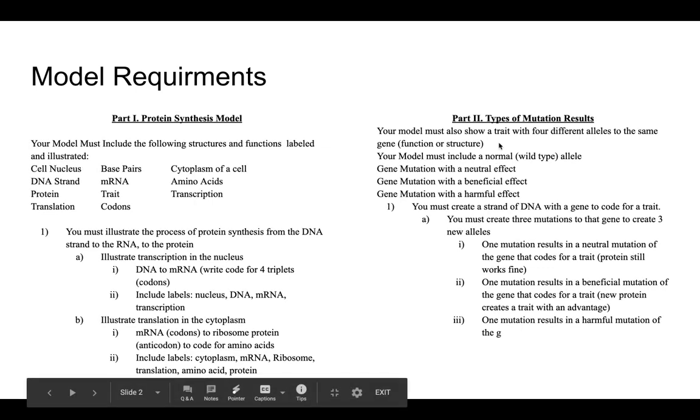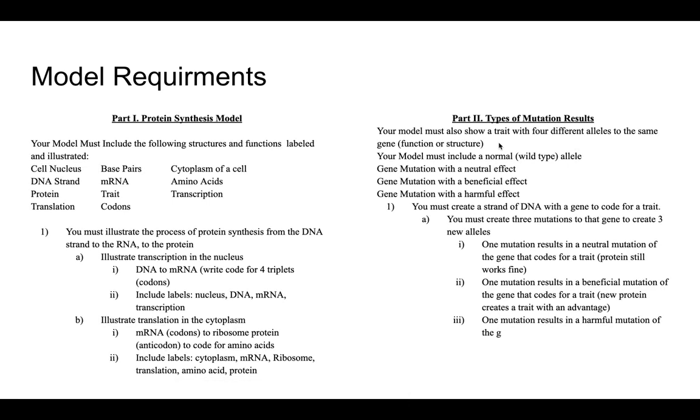The second part is you need to make a gene code that codes for a trait. Now that will be your normal trait. Then you need to mutate that same trait 3 times, illustrating that one mutation is neutral, meaning it has the same benefits in the environment as the original gene allele.